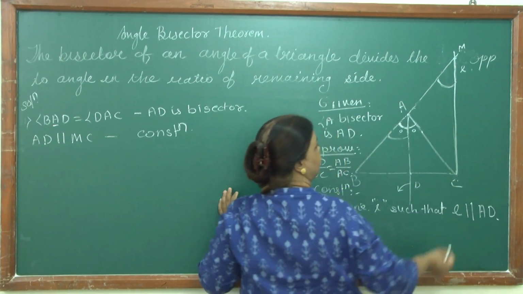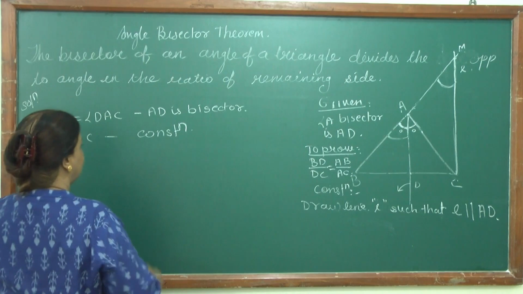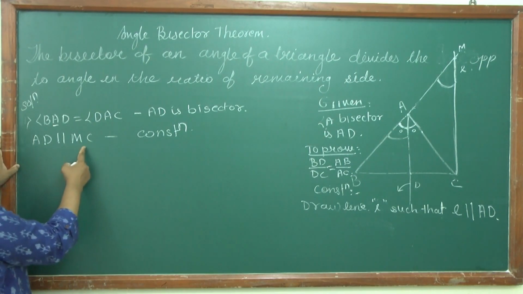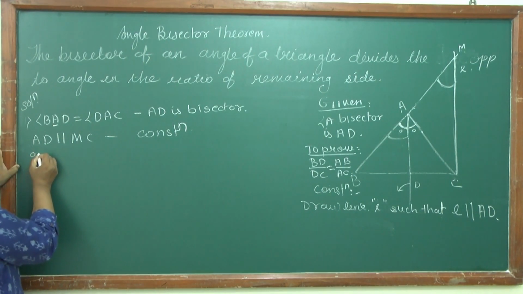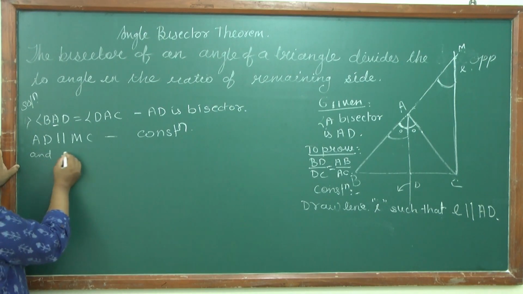Which angle is this? Corresponding angle. So we have written AD is parallel to MC and AM is a transversal.